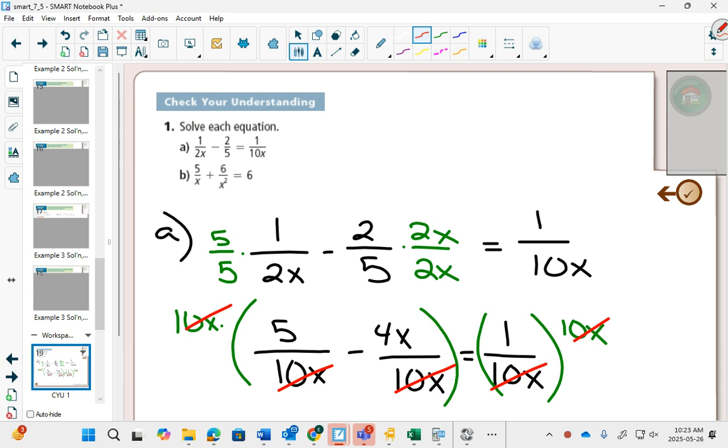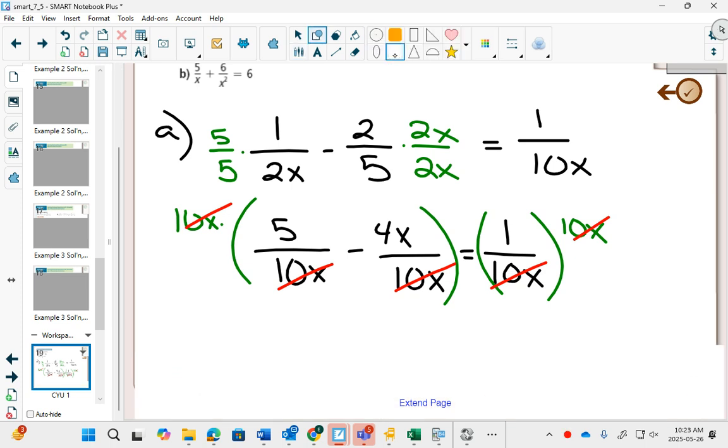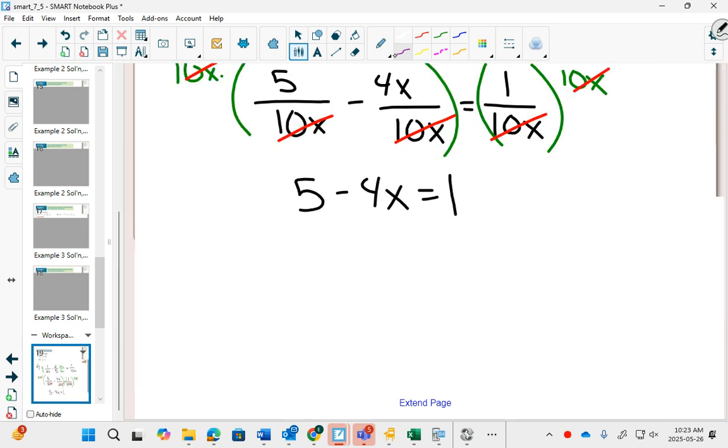You'll probably just be like, all my denominators are the same. If I multiply both sides by 10x, they'll all go away, and you'll just put red lines through those 10x's. And at the next point, all that's left is my numerators: 5 minus 4x equals 1. Move the 5 over, negative 4x equals negative 4, and x is equal to 1.